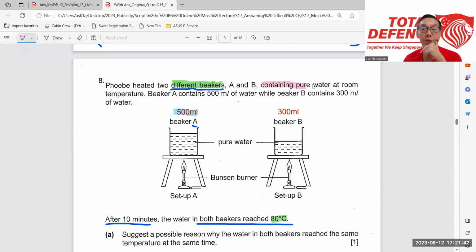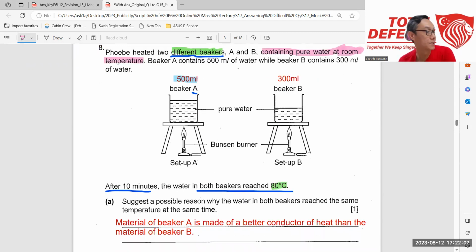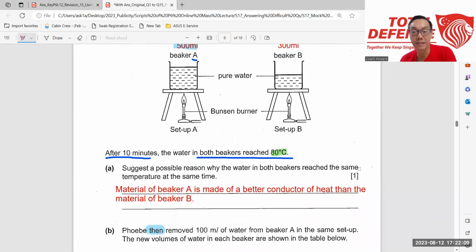They say containing pure water at room temperature. Containing pure water means both have the same temperature. So you take note of this. Thanks for highlighting this, Lucas, because they're both at room temperature. So there's only one possible answer. It's okay, never mind.